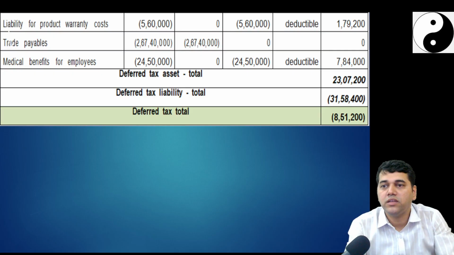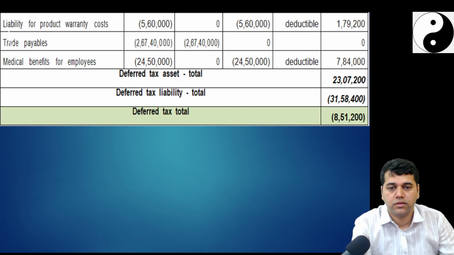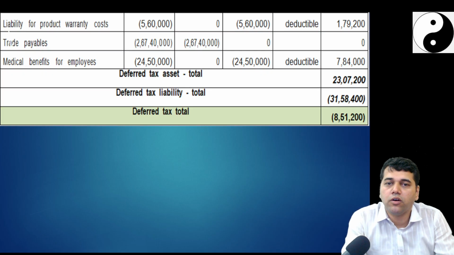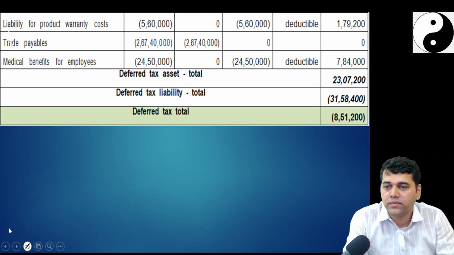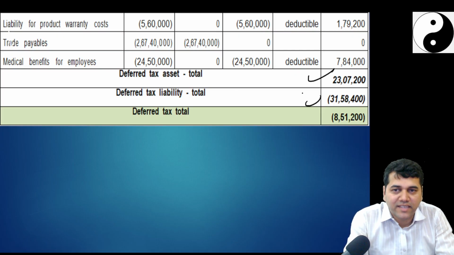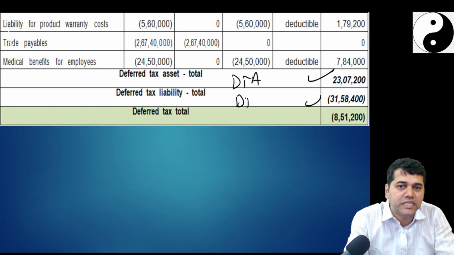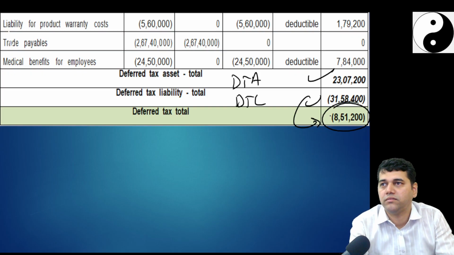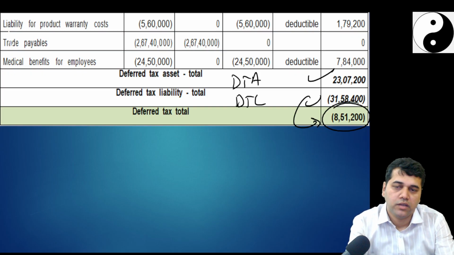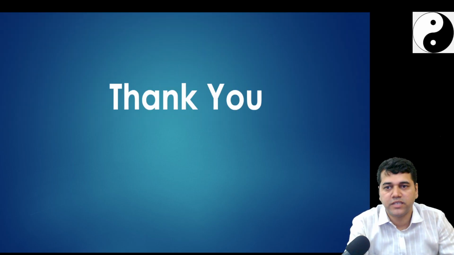So we have got the medical benefits 24.5 and 0. Yes, so we have got all the deductible expenses here. Taxable. So this is DTA, this is DTL. Net deferred tax will be 8,51,200. That's it. Yes, students, so with this we are done with this standard. Thank you.